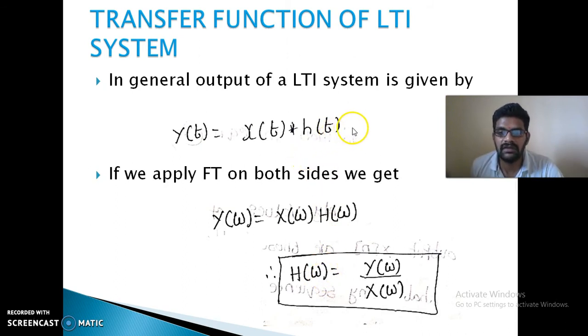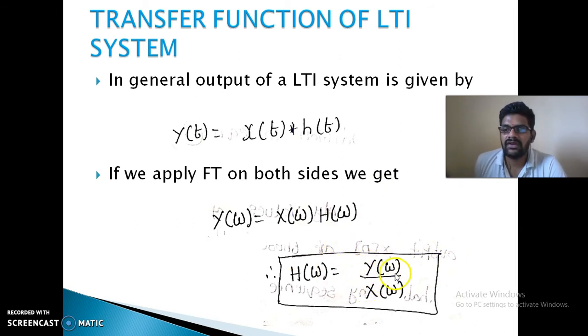The time domain response is the impulse response, and the same response in the frequency domain is known as the transfer function. So the transfer function is the ratio of the output frequency response to the input frequency response, or the output transform domain to the input transform domain.